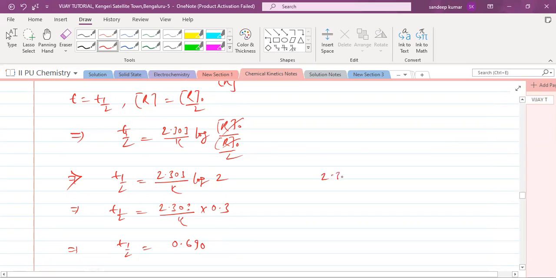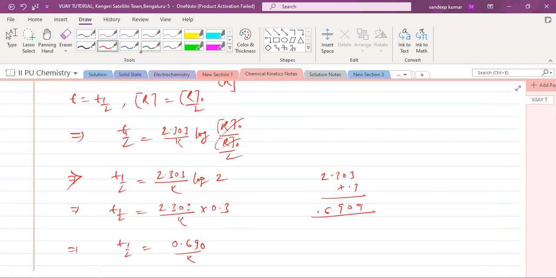So here 0.690, or 0.691 you can take, upon K. This is the expression of T half.